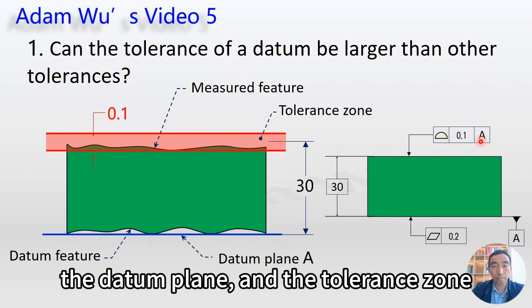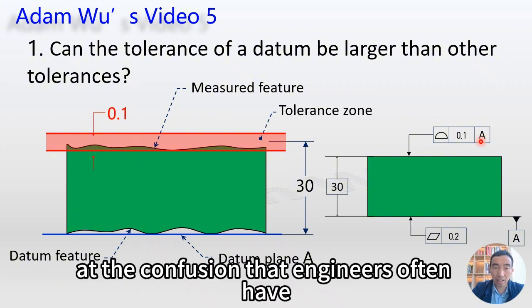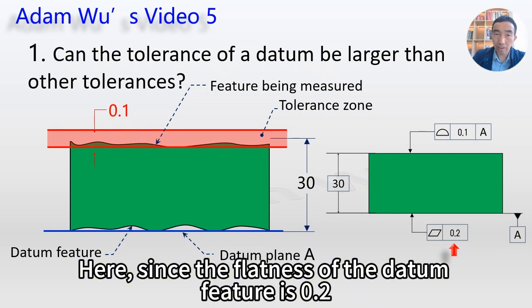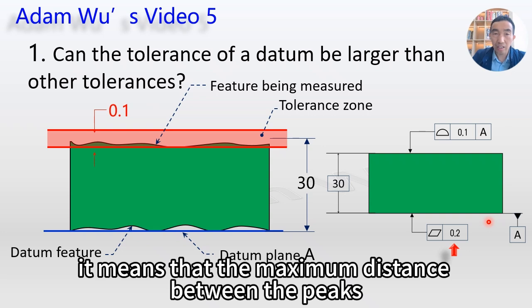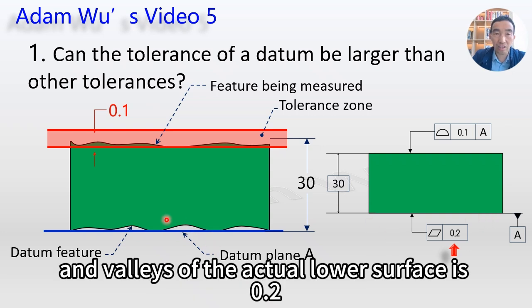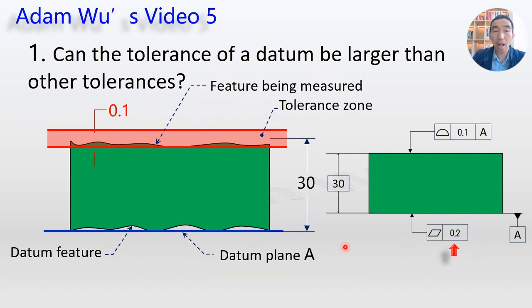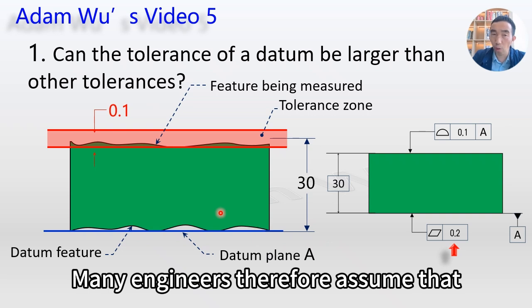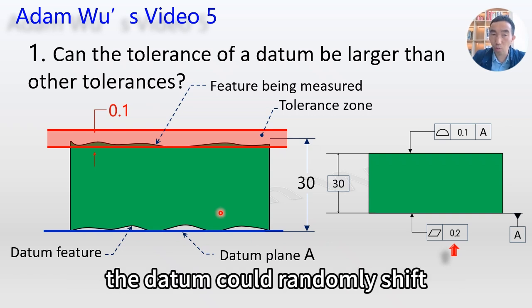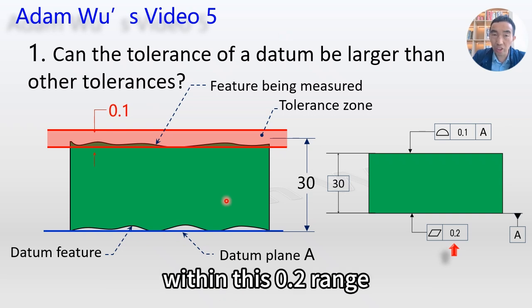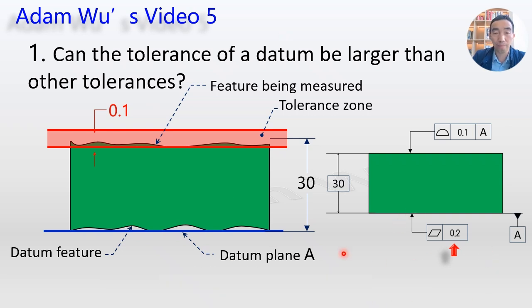At this point, after explaining the concepts and the relationships of the datum feature, datum plane, and the tolerance zone, let's take a look at the confusion that engineers often have. Here, since the flatness of the datum feature is 0.2, it means that the maximum distance between the peaks and valleys of the actual lower surface is 0.2. Many engineers therefore assume that the datum could randomly shift within this 0.2 range.